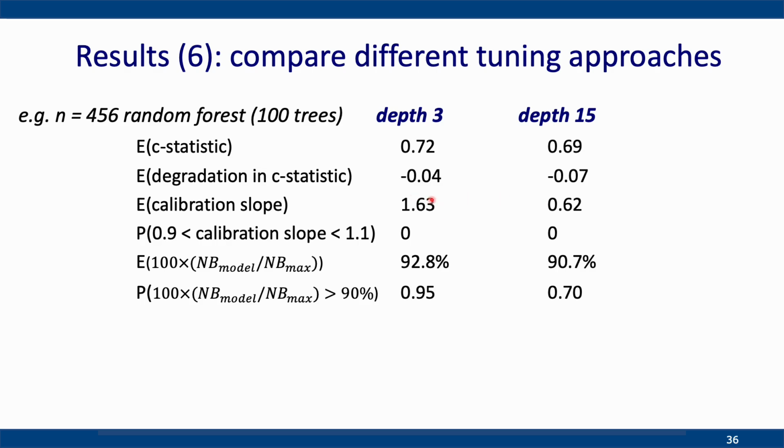Calibration slope is probably going to be off for these methods. You've got a 0 probability of obtaining a calibration slope between 0.9 and 1.1. So that just emphasizes that random forests are often badly calibrated. But again, it's telling you that the sample size that you need is potentially different for different model development approaches.